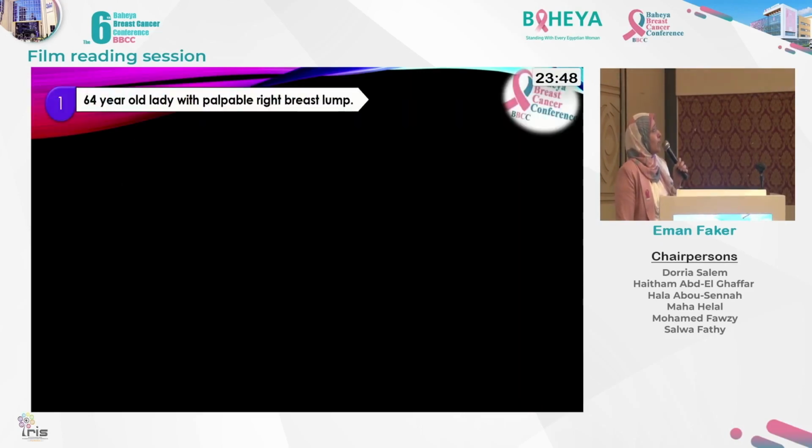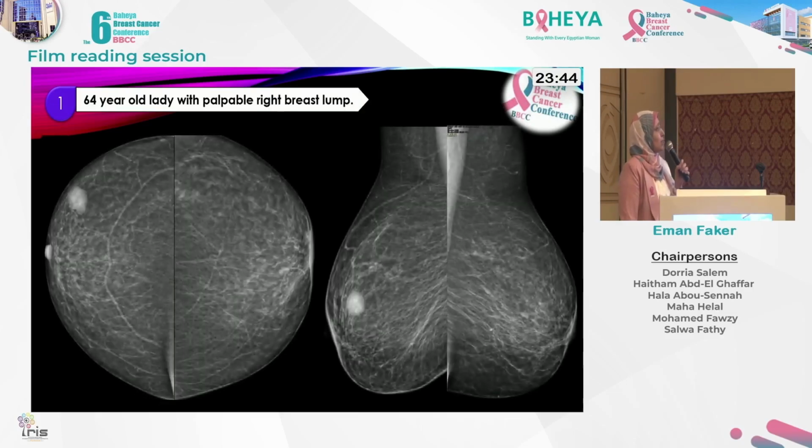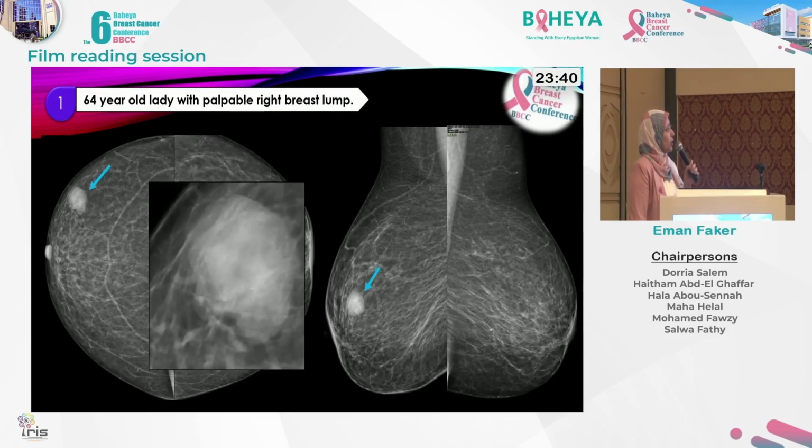The first case is a 64-year-old lady with a palpable breast lump. We can see here her mammogram. She showed a right breast upper outer quadrant lesion, which shows a well-defined lobulated margin.